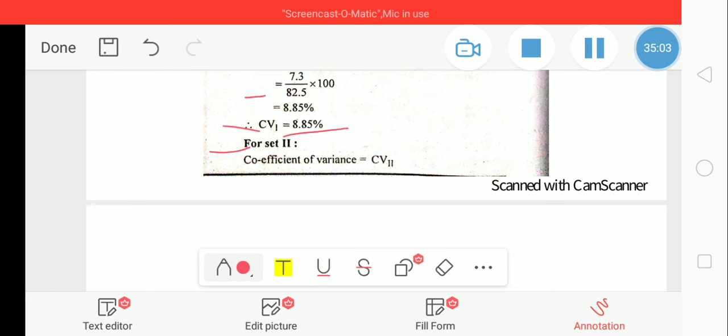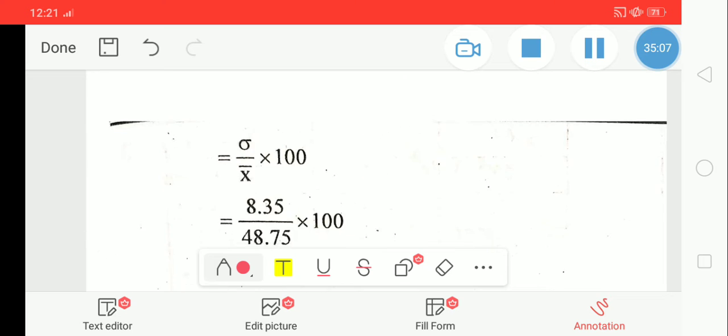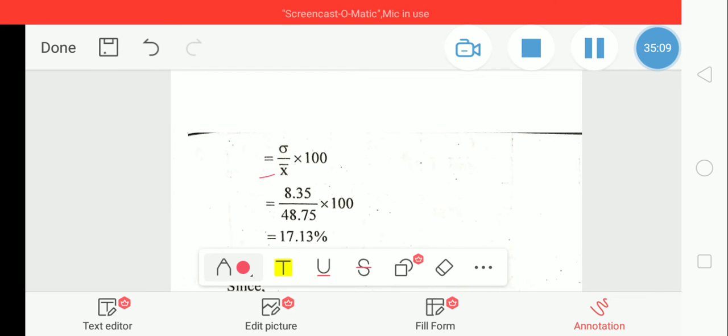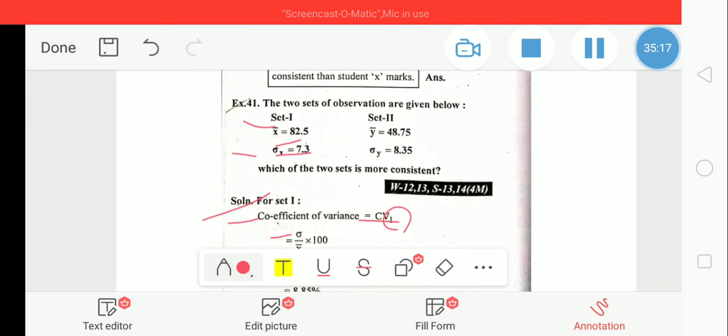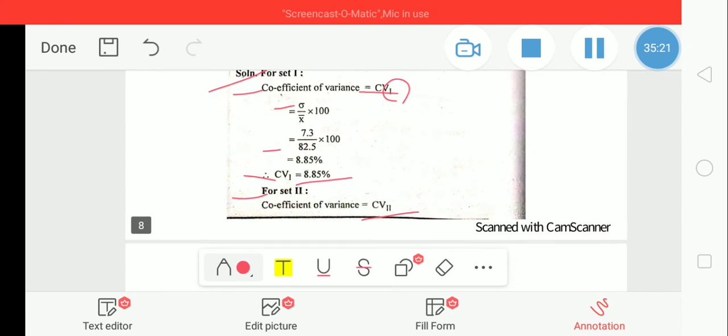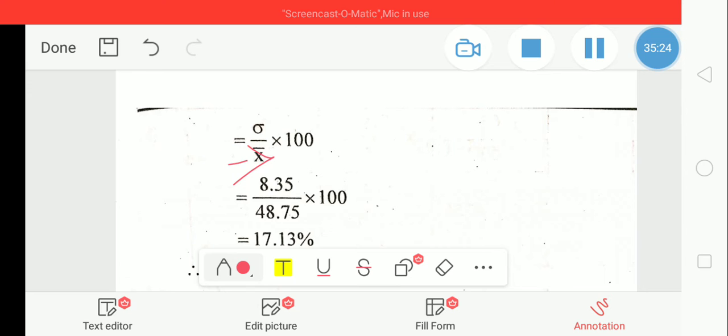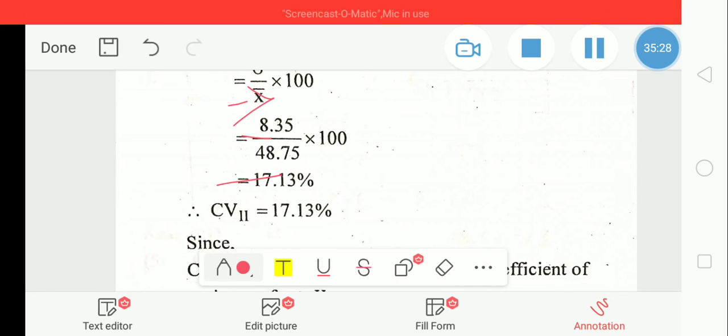Now for step 2, coefficient of variance CV2: sigma divided by, here there is a printing mistake, that is y bar instead of x bar. y bar is 48.75 and sigma is 8.35. So 8.35 divided by 48.75 multiplied by 100 is 17.17.